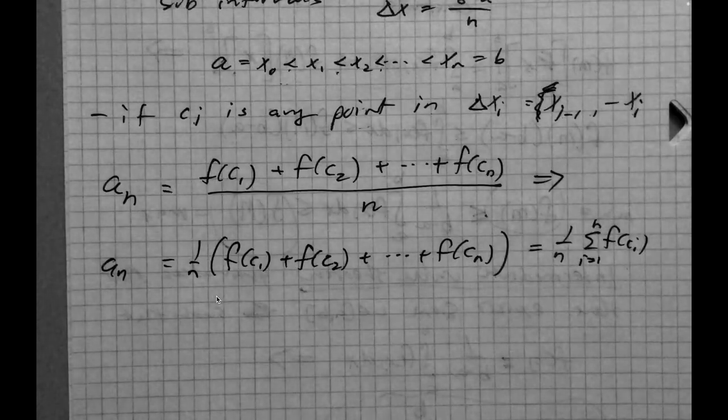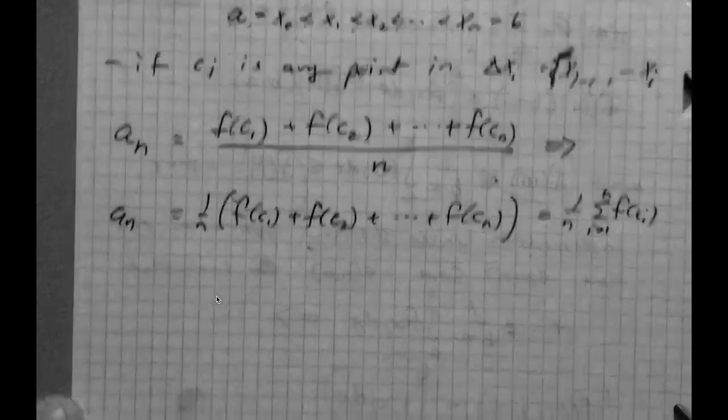Okay. And so that's all. Nothing there is controversial, right? No controversy there. This is just a sum, it's an average, basically, of some arbitrarily chosen ci's in each of the xi intervals. Let's do some algebra tricks now.